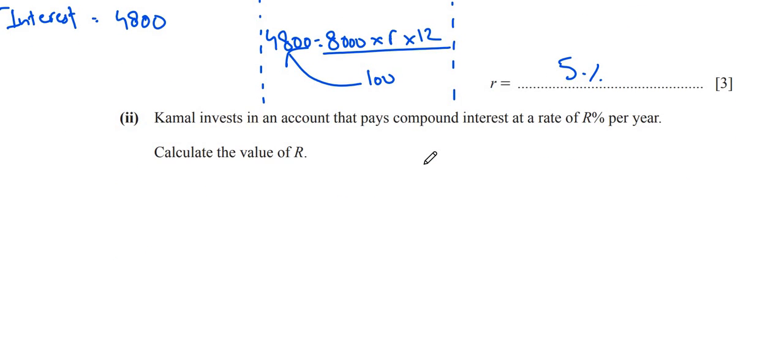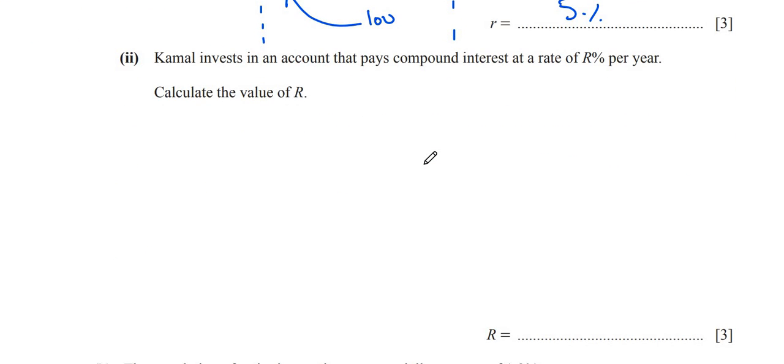Next question says, Kamal invests in an account that pays compound interest at a rate of R% per year. Calculate the value of R. So look, what's the formula for compound interest? Amount is equal to principal bracket 1 plus R upon 100 raised to power time. So how much amount did they get?